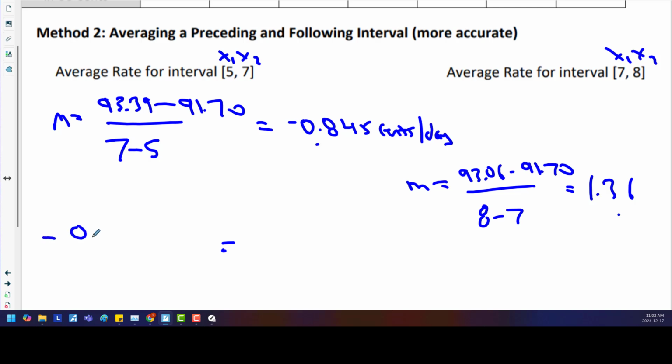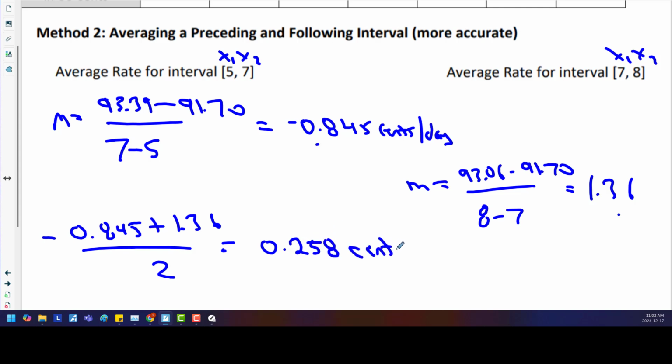So negative 0.845 plus 1.36, and you get 0.258, rounded, cents per day. So that is closer to the actual instantaneous rate of change. And yes, that's this question.